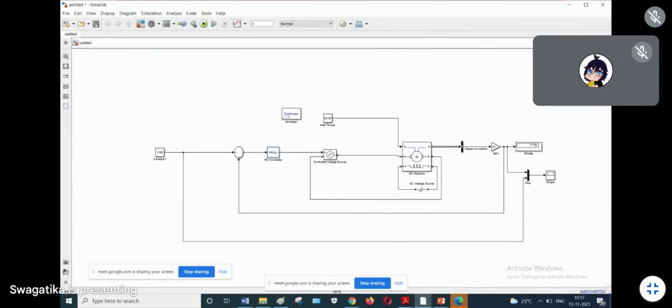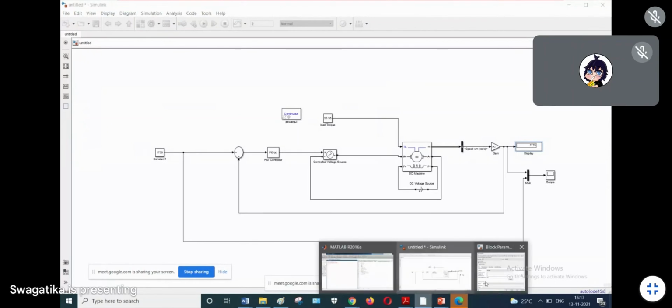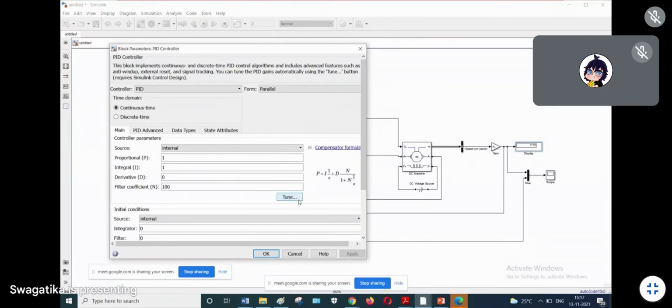With these parameters, now we have to tune this one. So apply this. The auto tune method is available in MATLAB. You can go for that. Tune this one.